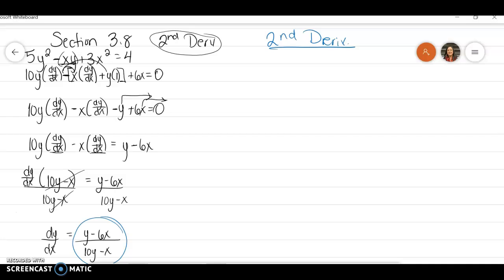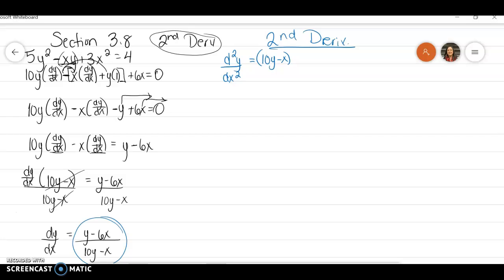So my second derivative, if I am a good teacher, I would write it this way. My second derivative is going to be equal to the bottom. This is what I really want to let you guys look at and think about. And remember, you can always pause this video when you need to. So it's the bottom times the derivative of the top.